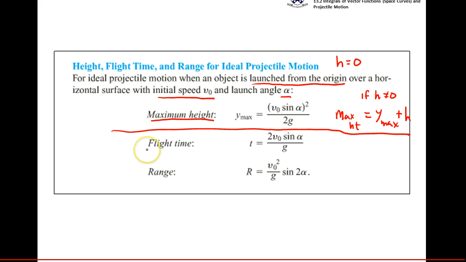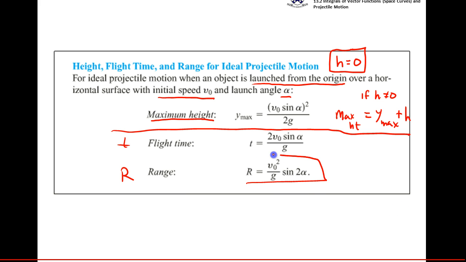These other two, flight time t and range r, we can't recover by just adding something, so they are totally based off of the height being set equal to 0. But if you have height set equal to 0, we can find the total flight time by plugging into this formula, and we can find the total range, the horizontal distance that the projectile covers, by this formula.